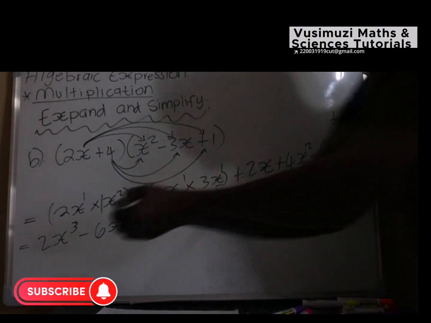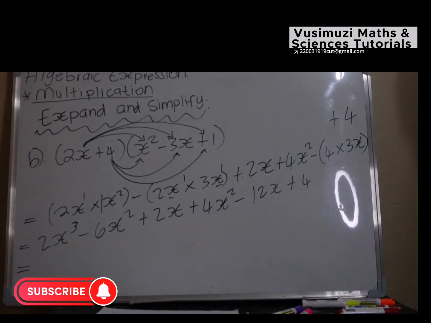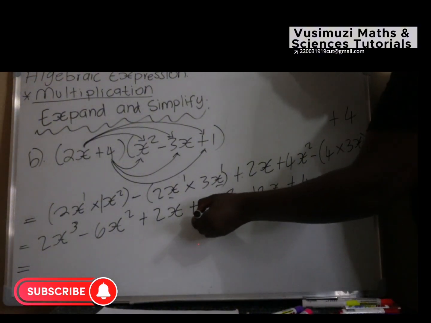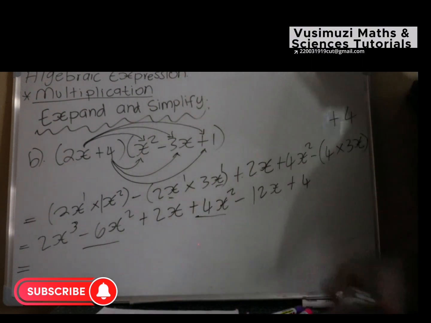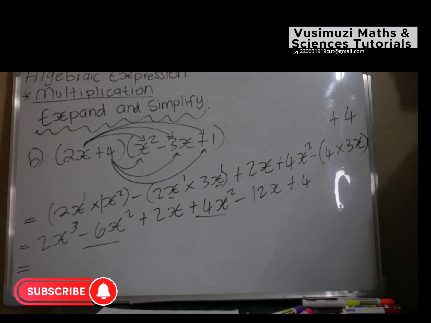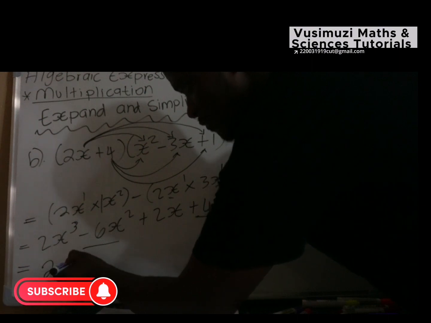The last term is plus 4. This is our constant. When you arrive at this step, you look out for like terms. Let's check for like terms. 4x squared and negative 6x squared are like terms, because of this x squared. Now let us bring down those that do not have like terms. There is x cubed, so I bring down this 2x cubed.